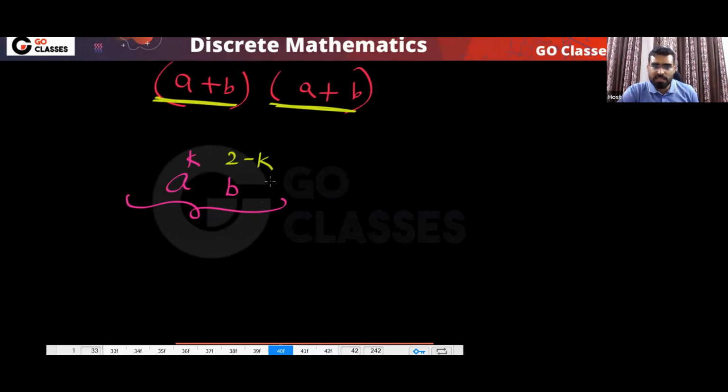Now, how many ways you can create this term? For example, this term, how many ways you can create? To create this term, you need 1a. Please understand this. How many ways we can create this term? This is my question.